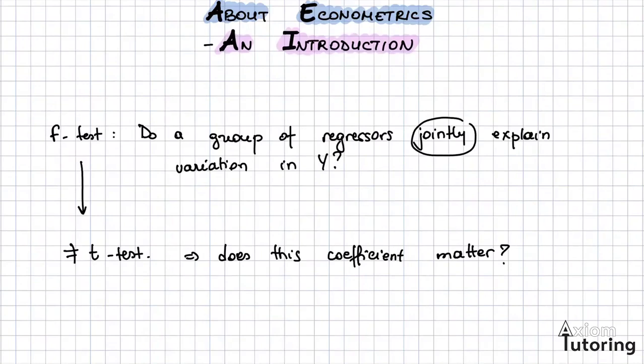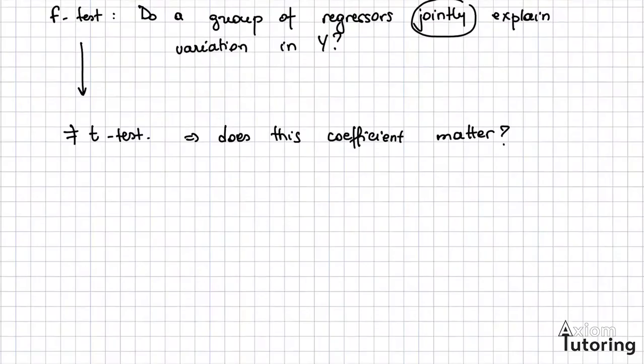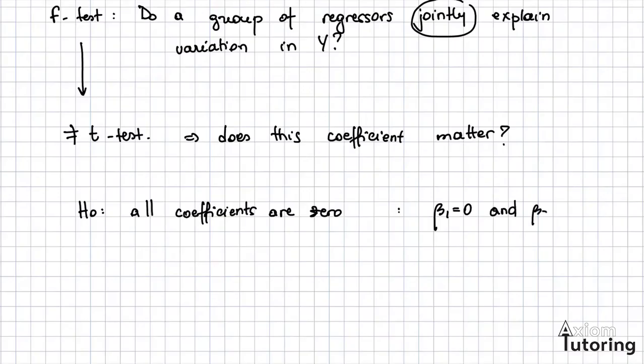In a typical regression, the F-test will also have its own null hypothesis and alternative hypothesis. So the way that we can write the null hypothesis is either by writing words, so all coefficients are 0, or you can write mathematically beta 1 equals 0 and beta 2 equals 0 and beta 3 equals 0 and so on, as many betas as you need.